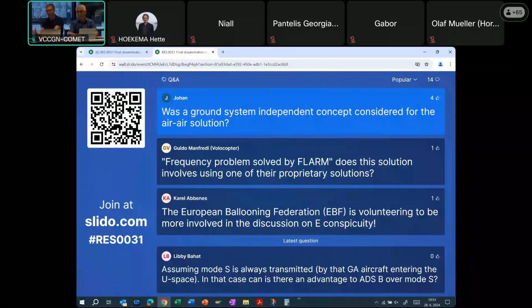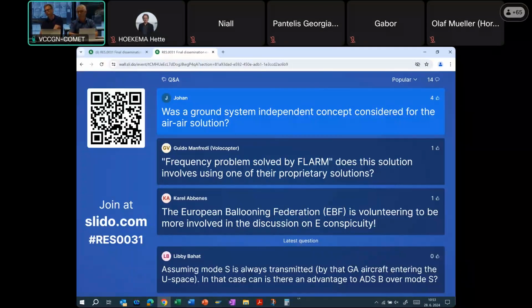I was missing it in the paper, which was all focused on ground rebroadcasting. I think the ground system could be there as well where needed and where people want to have it, but to force it everywhere, and not even recognize that we could have a ground-independent solution, is a missing component in this.